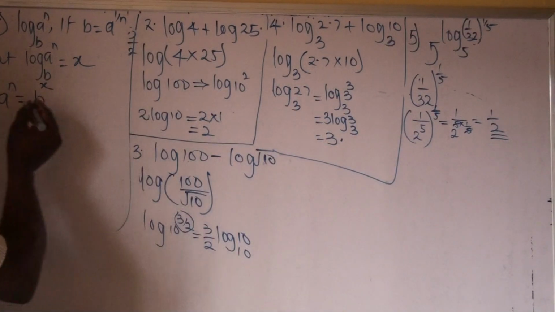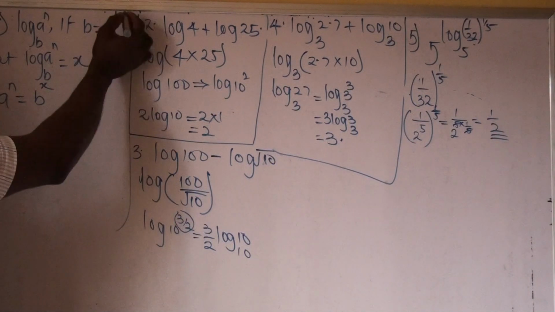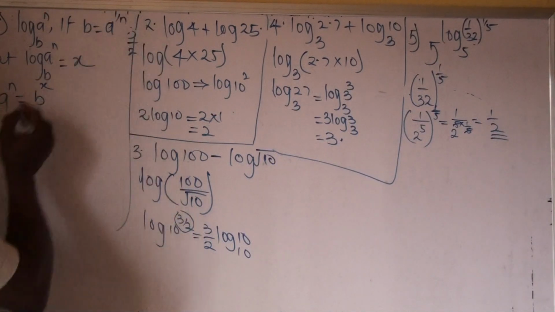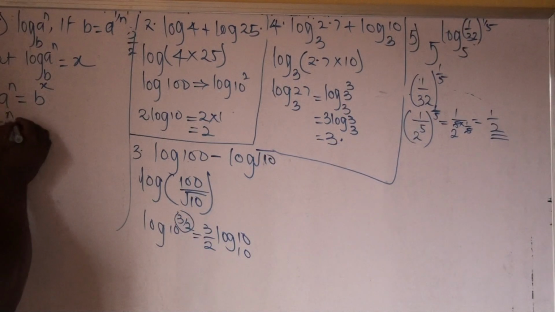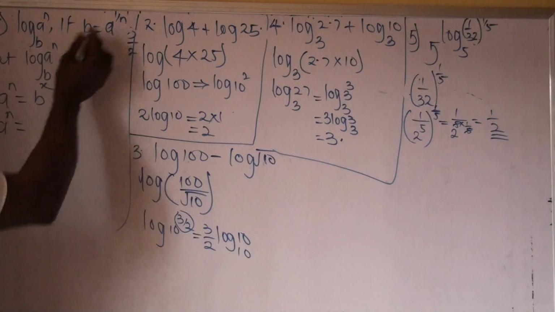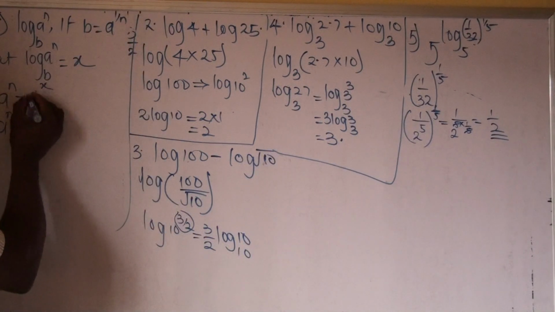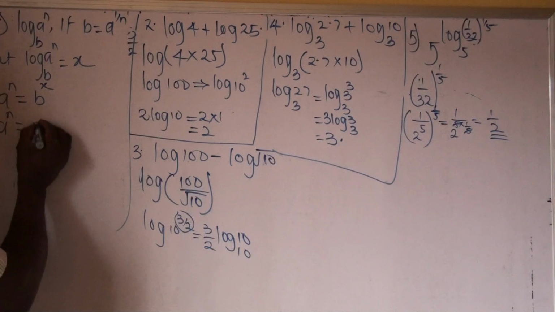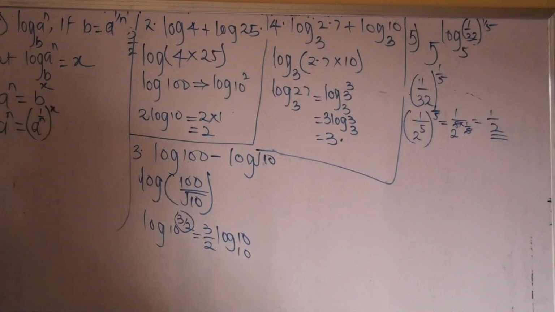So now we've expressed it, and we know that the expression for b is a raised to the power 1 over n. So in place of b here, we're going to put a raised to the power 1 over n, and b is raised to the power x.